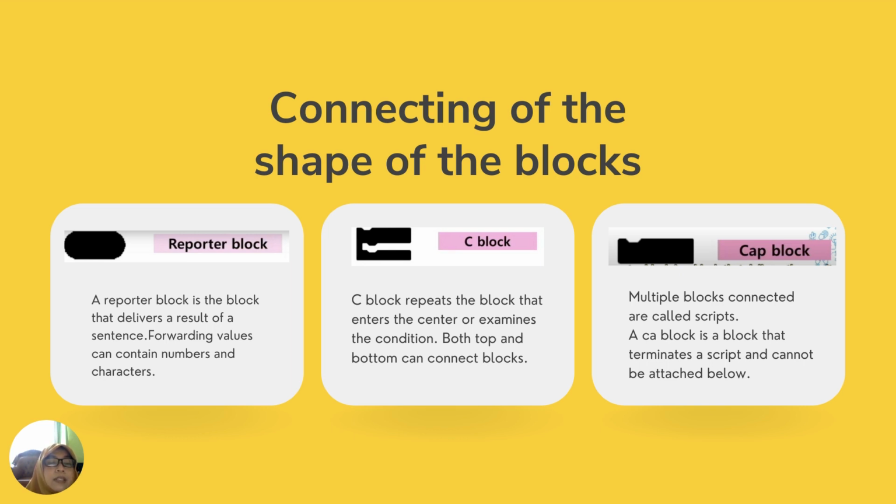Forwarded values can contain numbers and characters. C block is a block that repeats the blocks that enter the center or examines a condition. Both top and bottom can connect blocks.